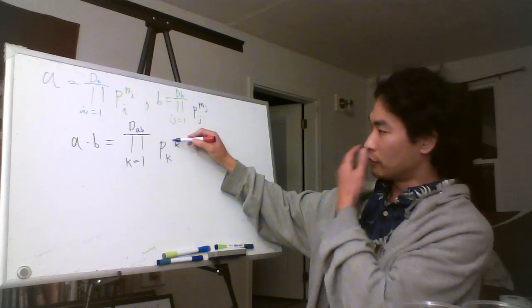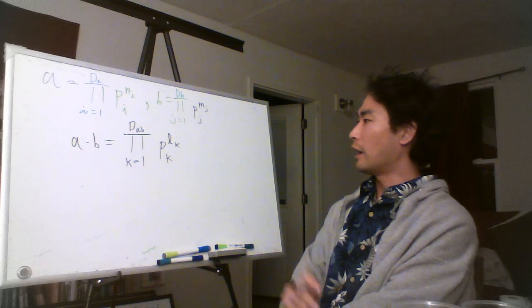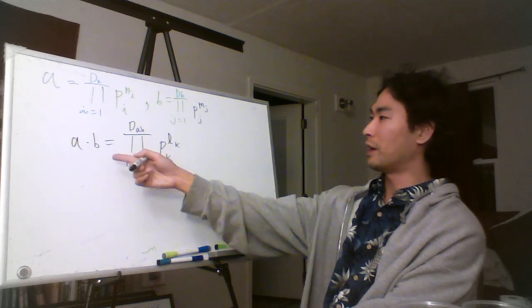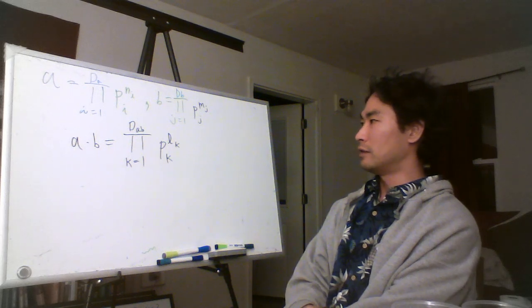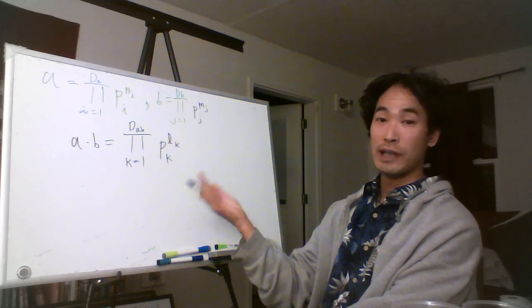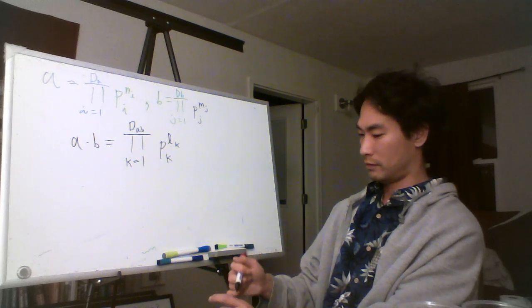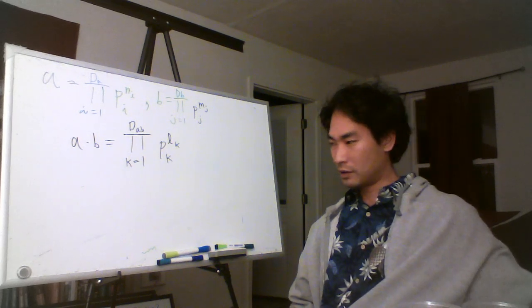We didn't use L yet, so LK. You multiply them all together and preserve the prime factorization. There we have it. Now what?